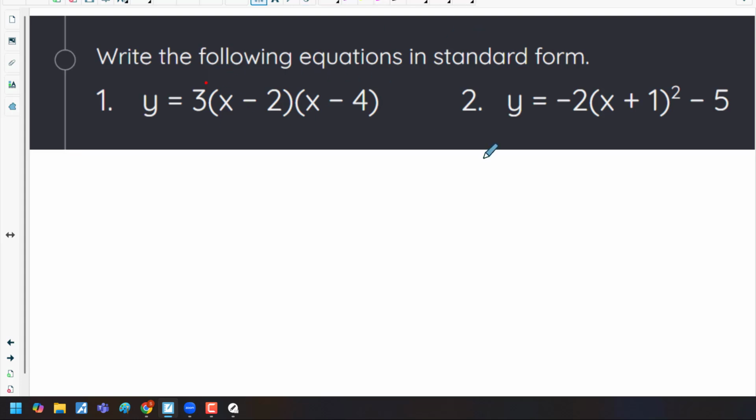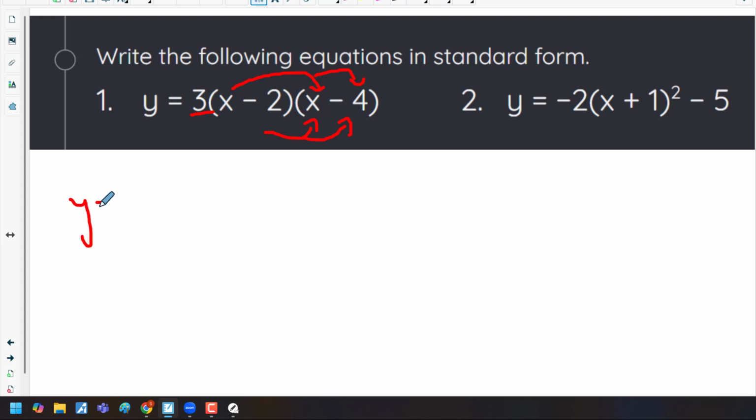There's a 3 in front. I'm going to leave that till the end. I'm going to multiply these 2 brackets first. It's always easier to multiply 2 things at once than 3 things at once, because then it just gets really complicated. So we're just going to multiply the 2 brackets like we've learned, the arrows, and don't forget that 3. You have to write that 3.